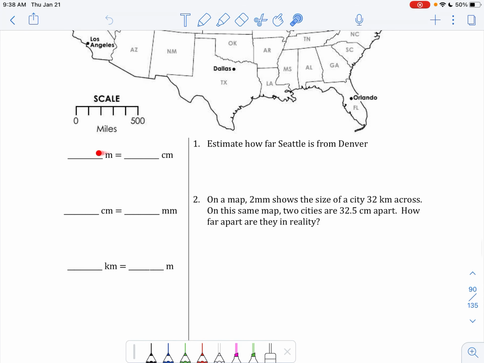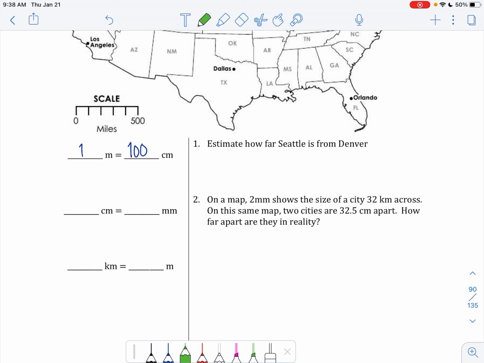Now, one thing that is important that I want to remind you of, you've mostly been doing super great about this. I just want to make sure that we're all on the same page here with our metric conversions. Your science teachers have clearly been doing a great job, and you've been working really hard to practice these. But just as a quick reminder, 1 meter here is equal to 100 centimeters.